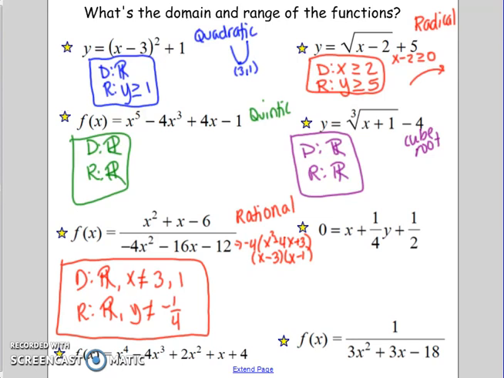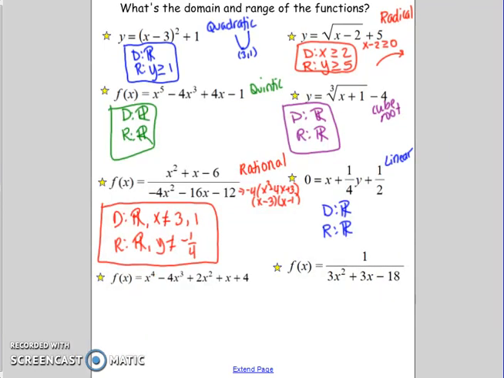And the next one is a linear function because you have an x and a y. So with a linear, domain is all real numbers, range is all real numbers. Next one is a polynomial, and it's a quartic because it has a 4th degree.